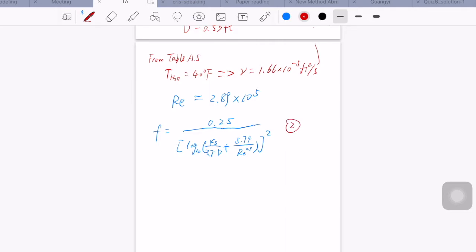And from the table 10.4, we can determine that the Ks equals 0, and we know Reynolds number is 2.89 times 10 to the power of 5.